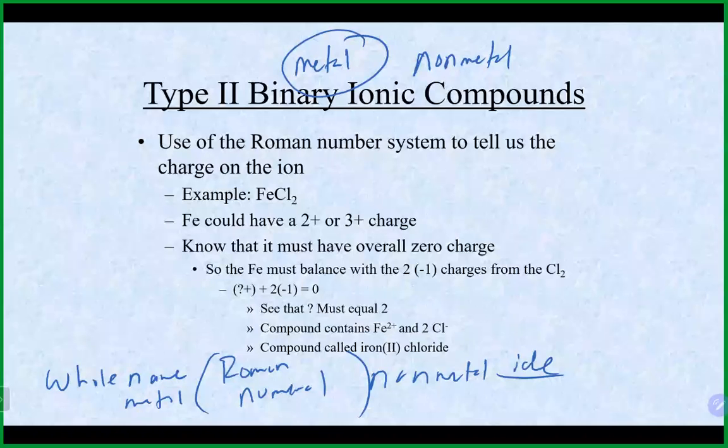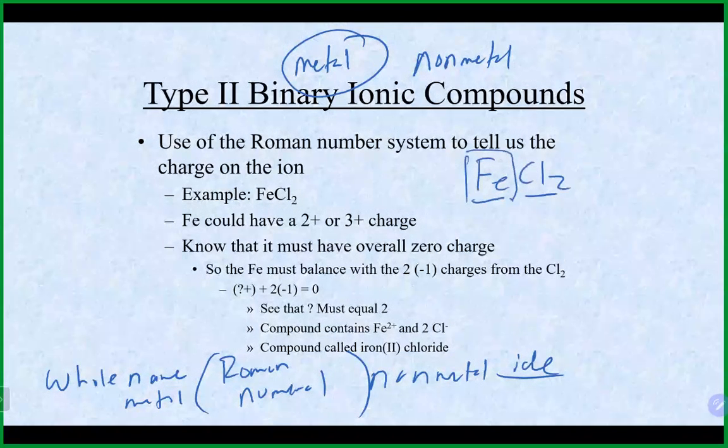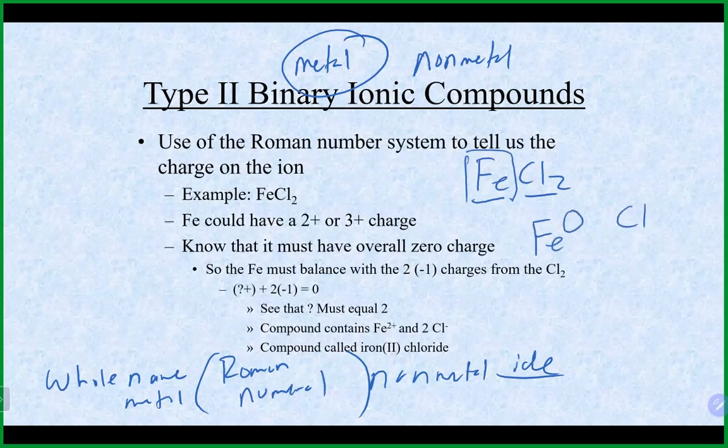So if we look at the example they have here, which is FeCl2, that is a metal and a non-metal, so I know it's ionic. Iron is dead in the middle there of your transition metal region, which means it's a type 2 compound. That means I'm not sure what the iron charge is, but the good thing is you will 100% of the time know what the charge is on what it's attached to.